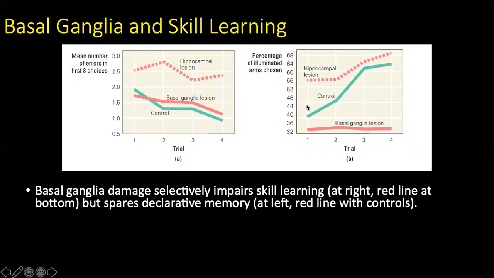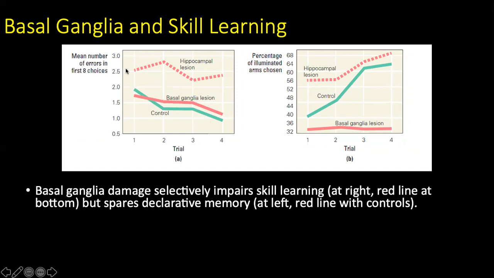If we look at the control group and a group that had their hippocampus lesioned, they're both performing pretty well. They're choosing that illuminated option more often. They've learned that the light equals food. But the basal ganglia group is doing really poorly, basically performing at chance level. They're not learning that association between the light and the food.